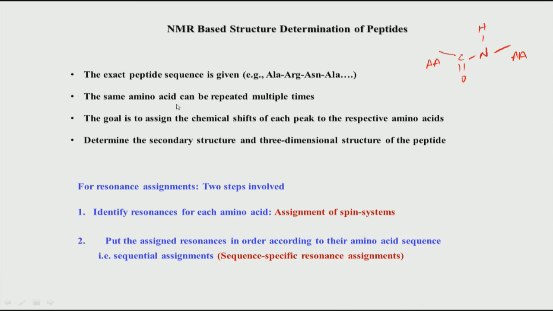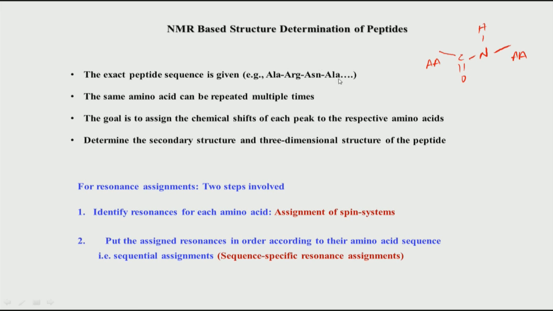When it comes to resonance assignments, there are two steps involved. Number one is that given the spectrum, find out the resonances of each amino acid. Let us understand what this means. Again let us take the example of this peptide shown on the top, alanine, arginine, asparagine, alanine.